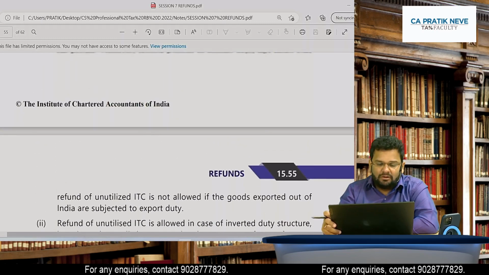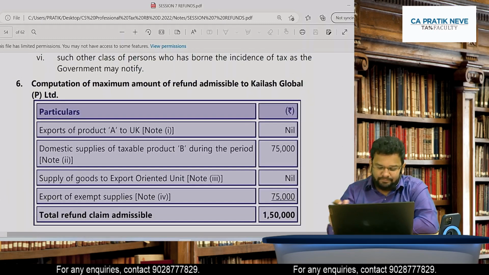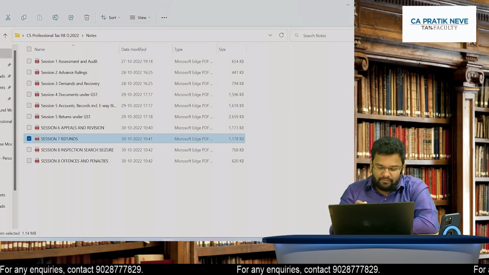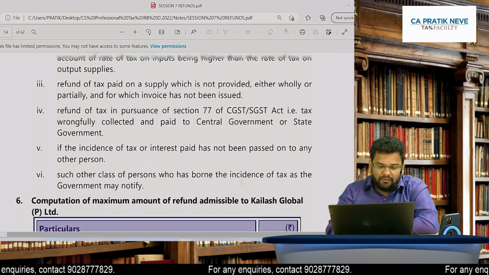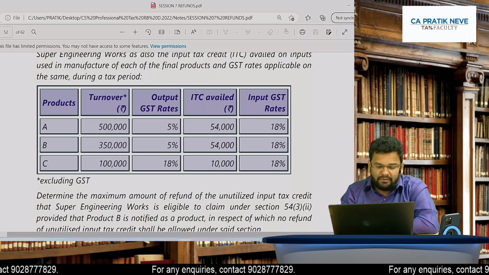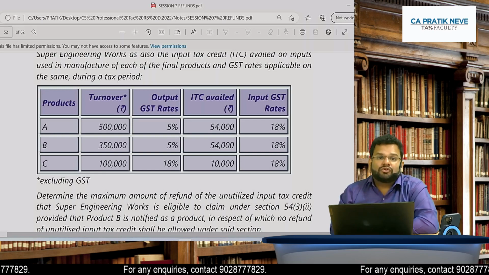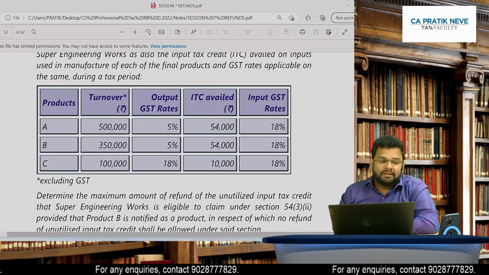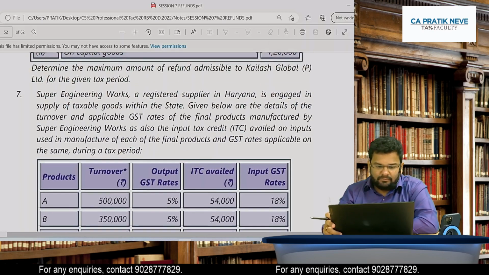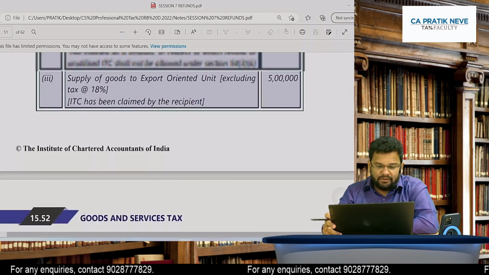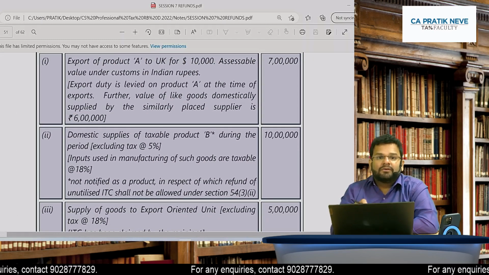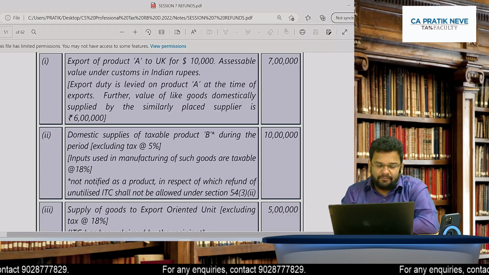If you observe this point, sorry, this B point, inverted duty structure is also happening in the same case. This second point, inverted duty structure is also happening.